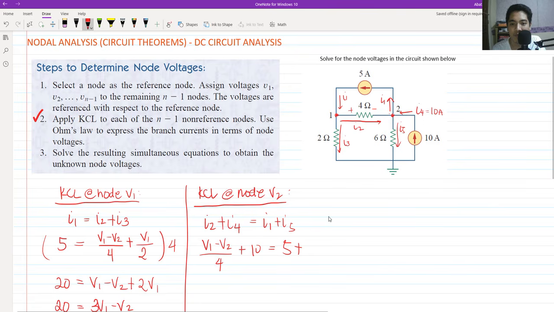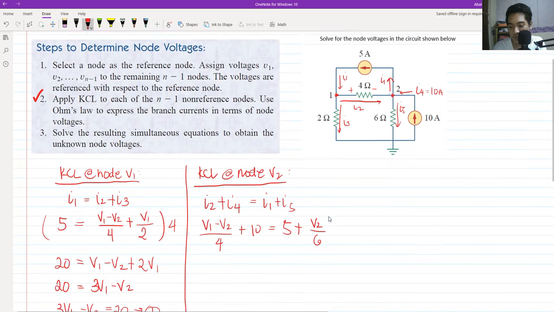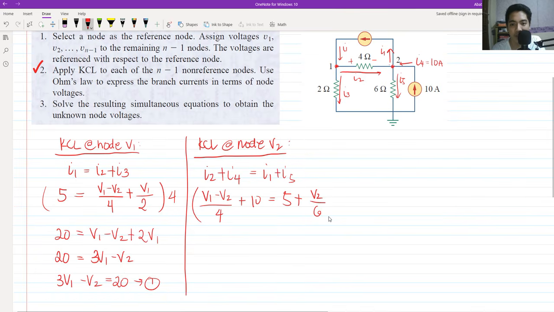I5 would be V sub 2, node voltage 2, over the 6 ohms. If we multiply both sides by 12 for simplification, we have 3 times V1 minus V2, plus 120, equals 60 plus 2V2.